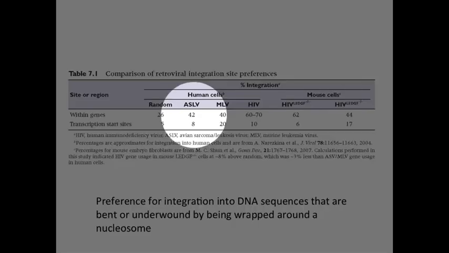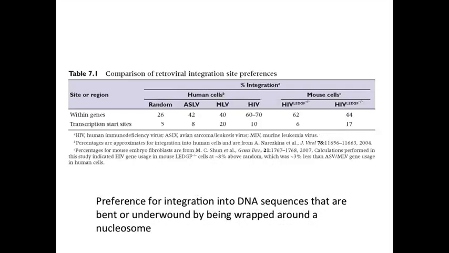So ASLV, for example, within genes is slightly higher than randomness, as are these others as well. So there's a slight preference for being in a gene. Some of these also seem to prefer being at a transcription start site, but obviously 8 and 10 are not very different from 5. So the bottom line is that integration is more or less random.